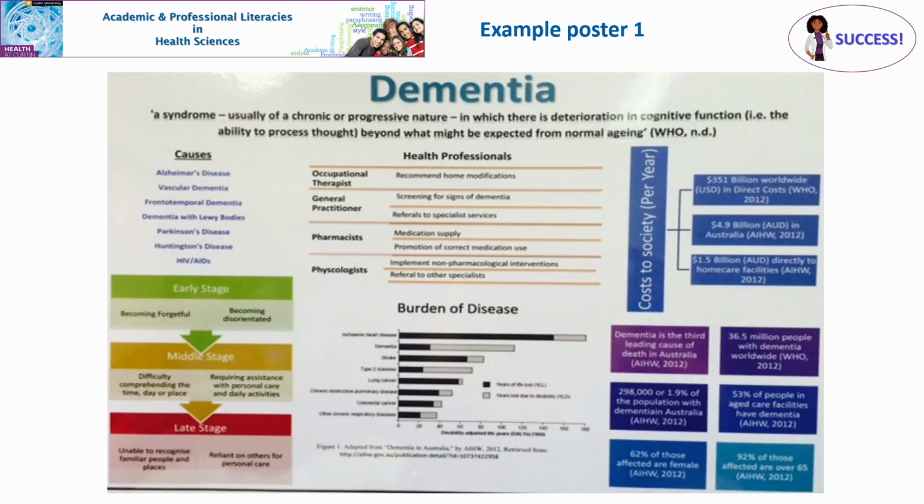And here we have an example of a poster that was built by a group a couple of years ago. And obviously this focus is dementia. Just have a look at it. Is it clear? Is the information provided appropriately? Can you engage with what's there, or are there any issues around its presentation?